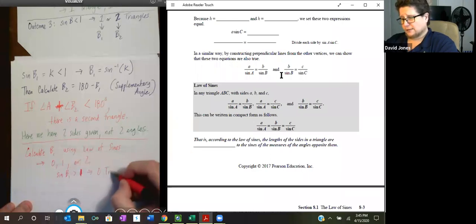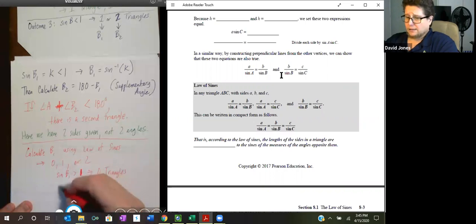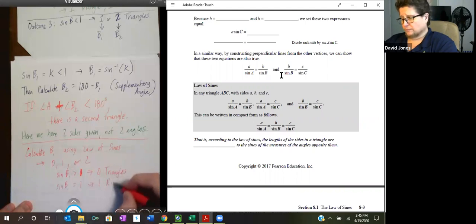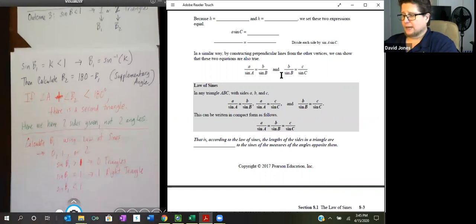If sine of B1 is greater than 1, 0 triangles. If it equals 1, there's one right triangle. And if sine of B1 is less than 1, that requires more steps. Calculate B2, and then check if A plus B2 is less than 180 degrees.